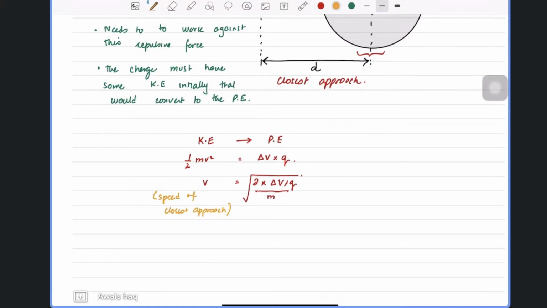Now, alternatively, you can also change this, like you can write it as 2 times the potential over m, and since this potential is given by kq over R, you can put the potential value here. So obviously, then the equation would be the square root of 2kqq over m times r.